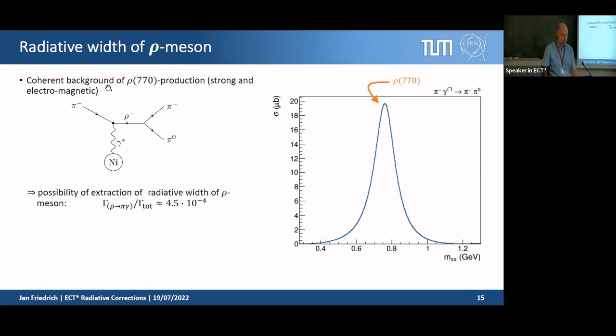So as mentioned before, the process can also proceed via forming the rho resonance if the CM energy is sufficiently large. And then you get this shape as shown before, and measuring the size of that, of course, is a measurement of the rho to pi gamma, the radiative width of the rho.